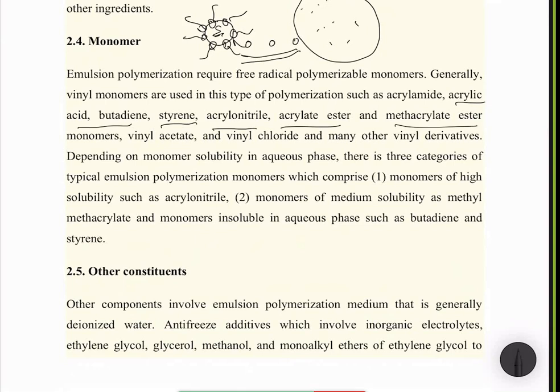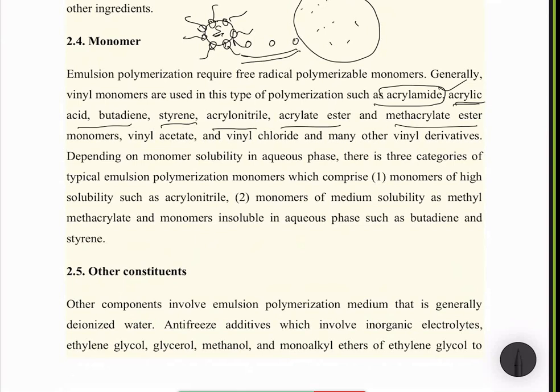Now, if you use a monomer like acrylamide, then you have to go for inverse polymerization, because acrylamide is water soluble. But apart from acrylamide, these acrylics, butadiene, styrene, etc. are water insoluble, and we can go for this conventional emulsion polymerization technique.